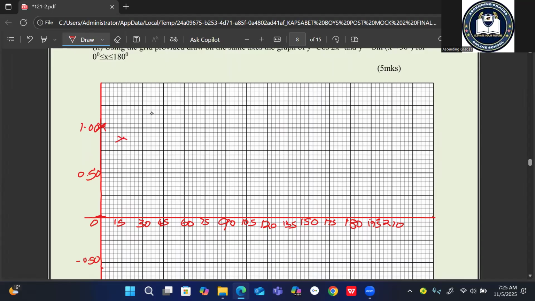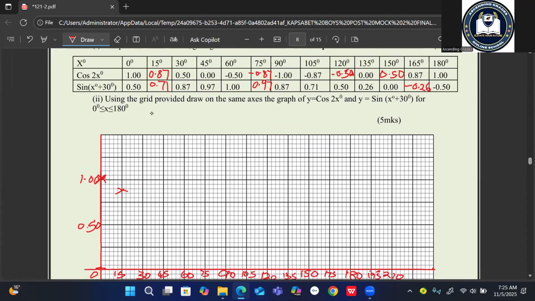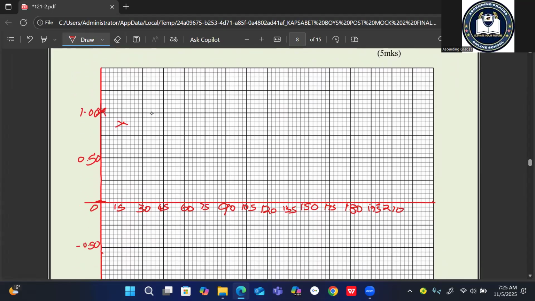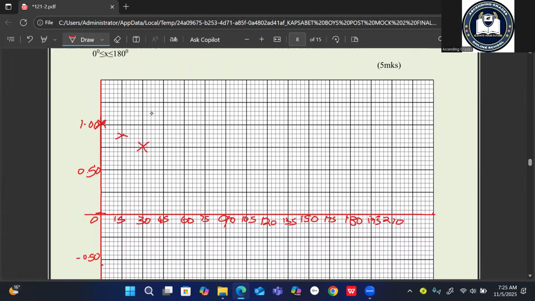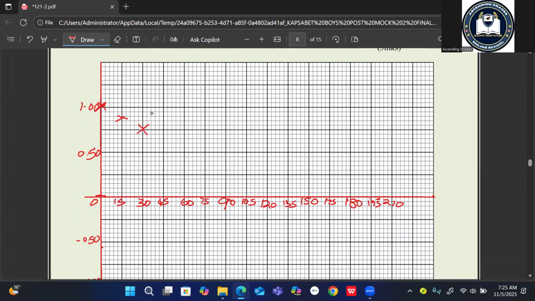Next one is 30, 0.5. It is there. Next one is 45, 0.